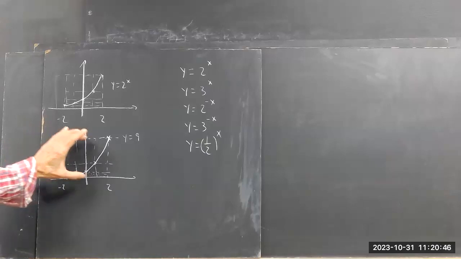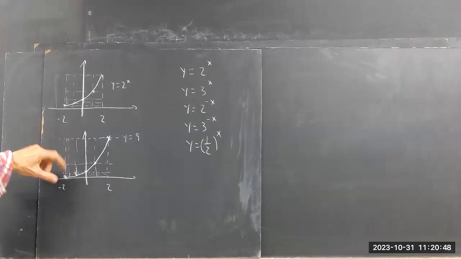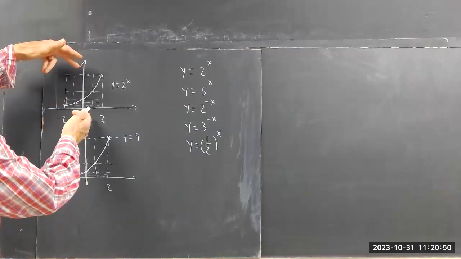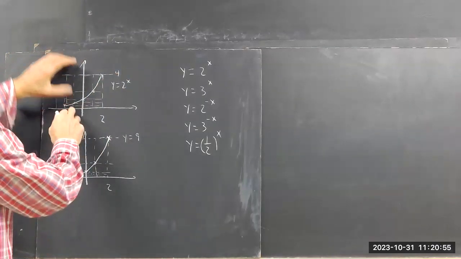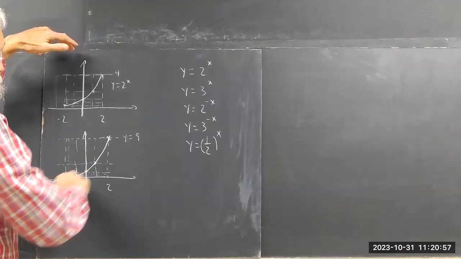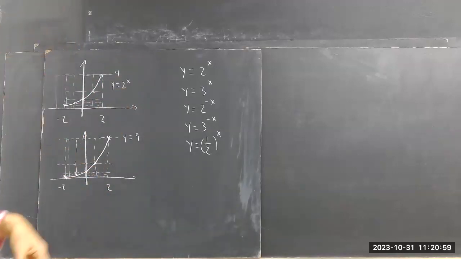That's because I compressed the 9 here. If I'd done 9 on the same scale I did 4 on here, it'd have to be about this high. So this graph would actually go way up to about here. Anyhow, that's what the graph looks like.